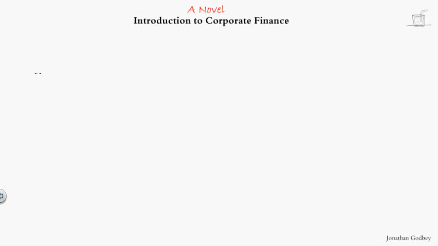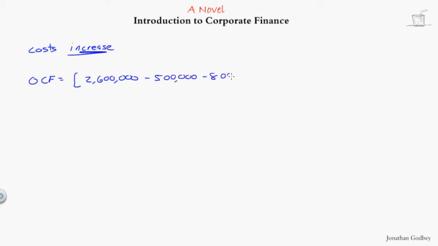So what if I said the cost increase, not the cost reduce, but cost increase? How would that change the problem? What I would have is my operating cash flows would be the 2,600,000 minus the 500,000 minus the $800,000 depreciation, 1 minus the tax rate of 0.4 plus 800,000.